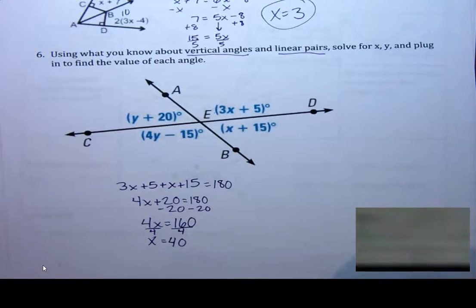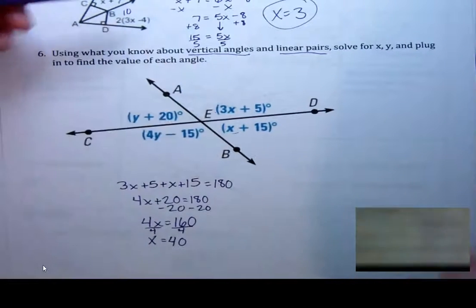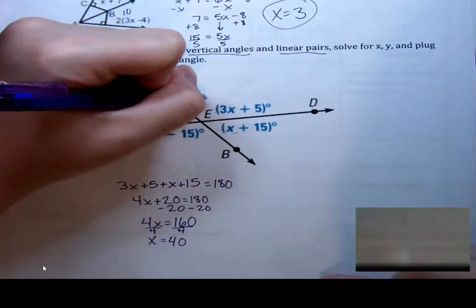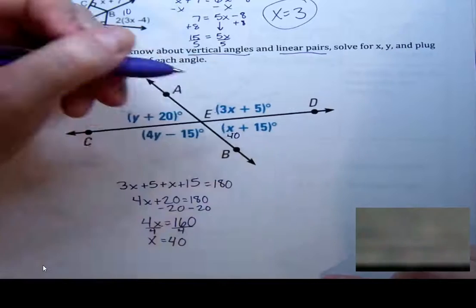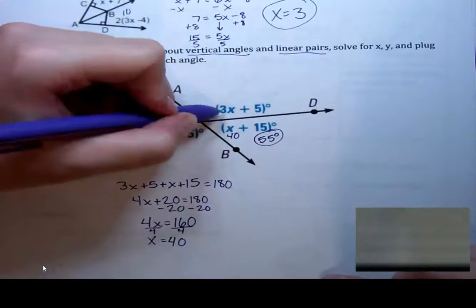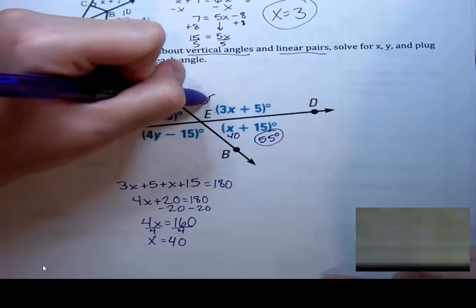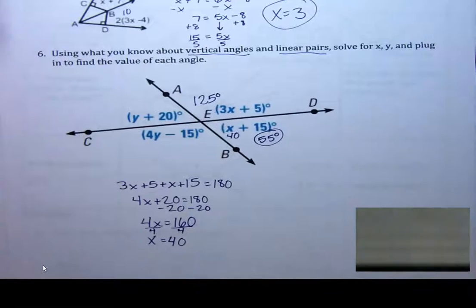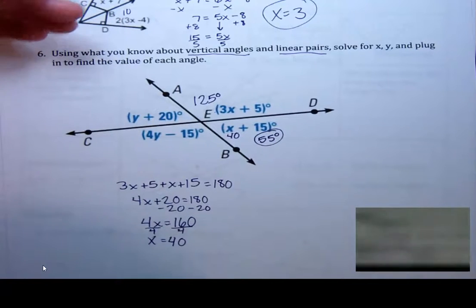Great. We know that x is 40. So then we can solve for these right here. 40 plus 15 is going to be 55 degrees. And then 3 times 40 is 120, plus 5, so this one's 125. So this simplifies a lot once this happens.